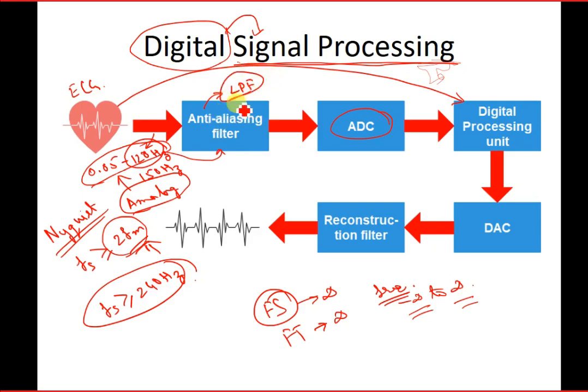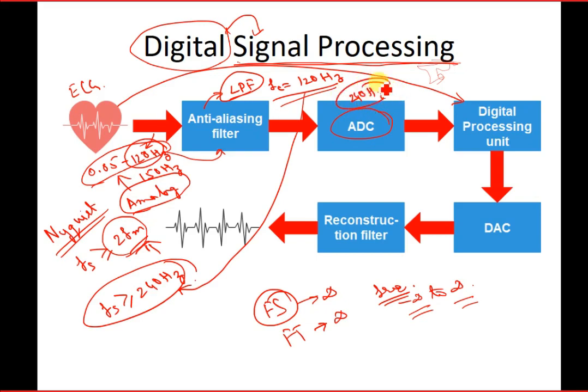And it would be having a cutoff frequency of, in this case, 120 hertz. So once we have restricted the signal within 120 hertz, then only we can use this ADC, wherein the sampling frequency can be a minimum of 240 hertz.